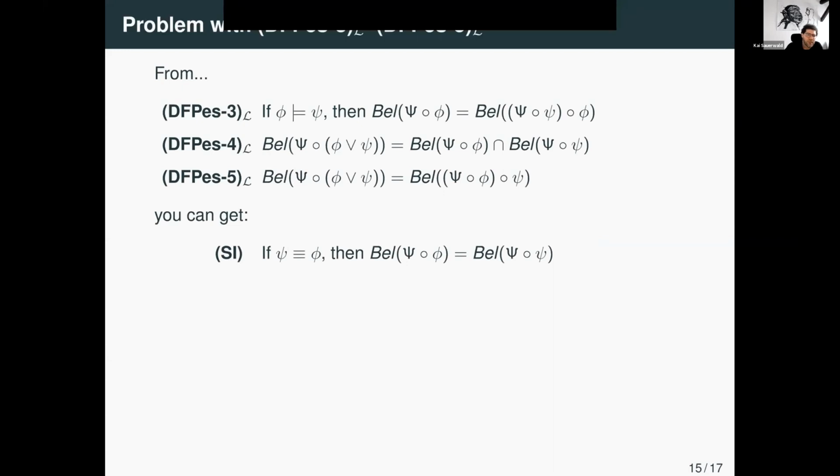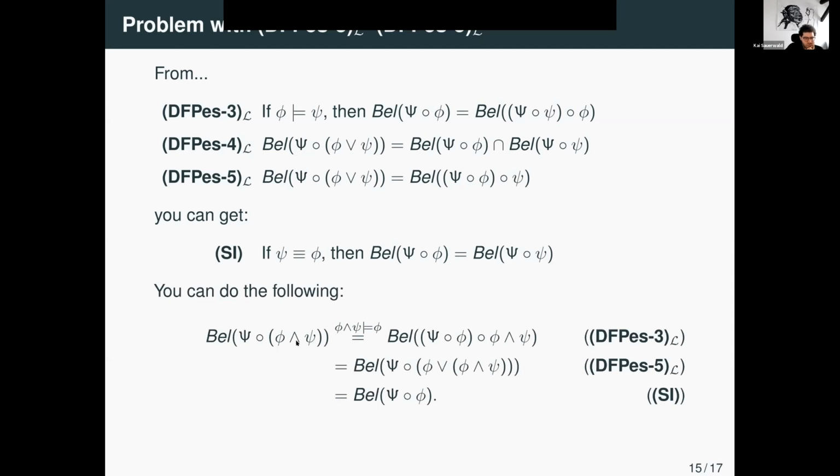When you have these three postulates, you can relatively easily derive that you also have syntax independence, which is okay; that's a very normal assumption in belief change. But you can also do the following.